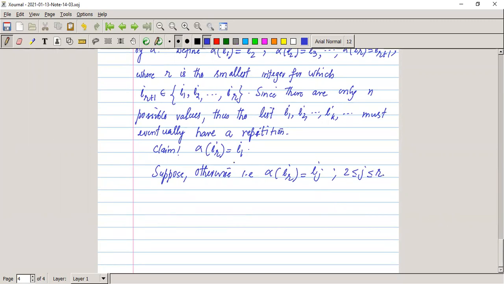So therefore we have alpha of IR is equal to Ij.